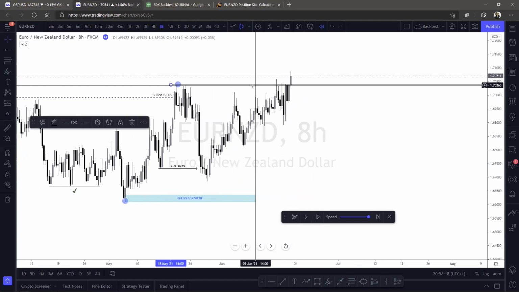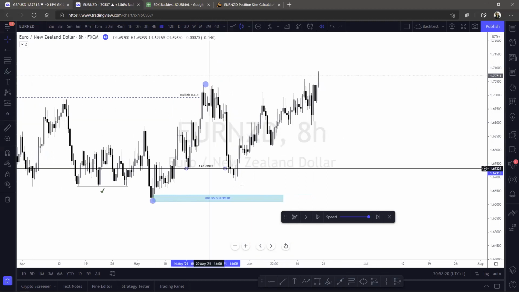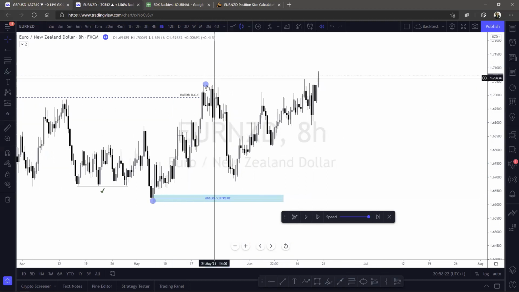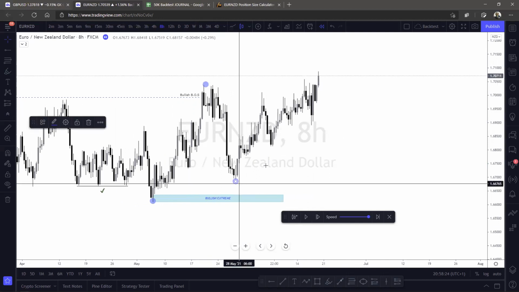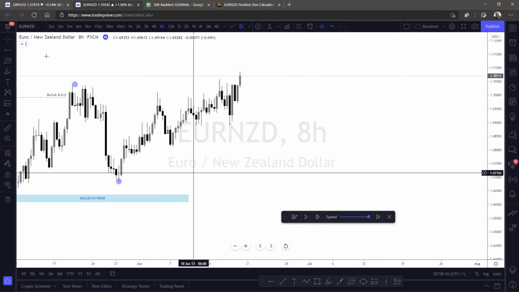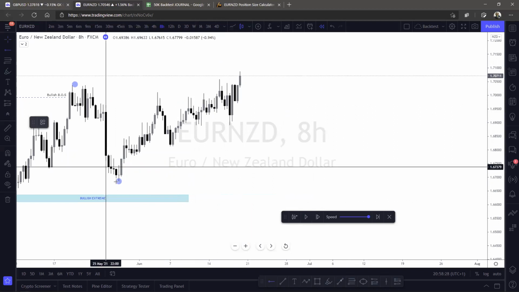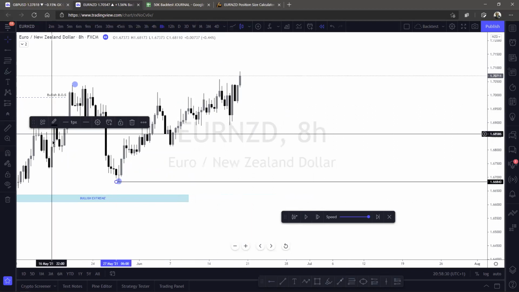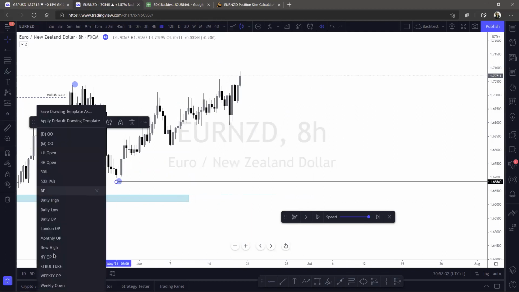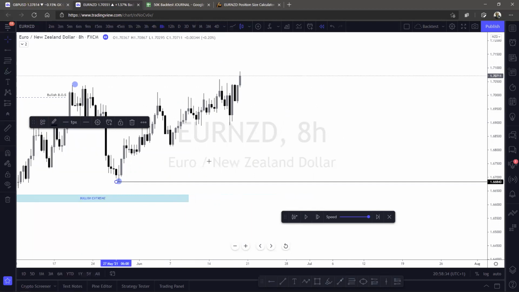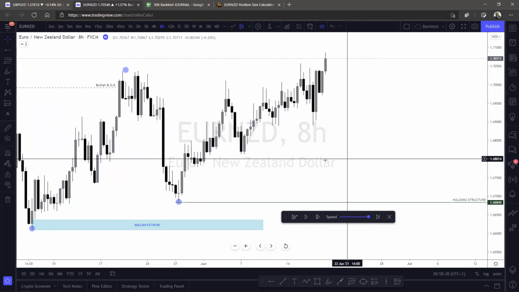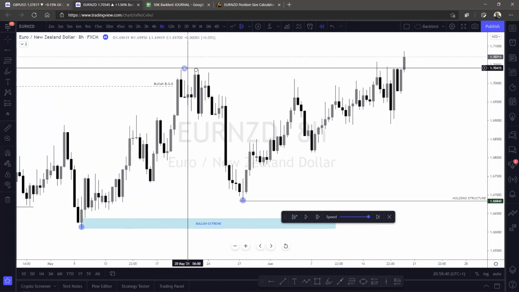Okay, so we rinse and repeat. This now is the new low. This now is what's holding structure. And then we'll just keep walking it.